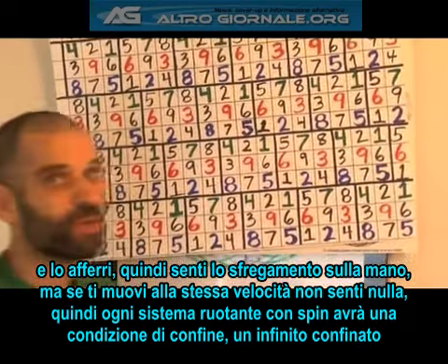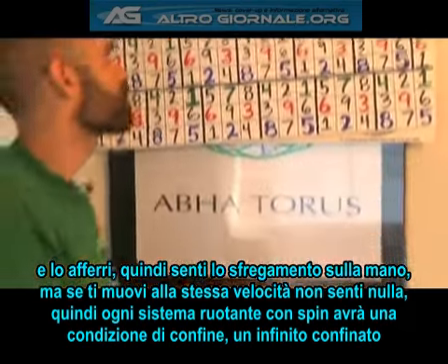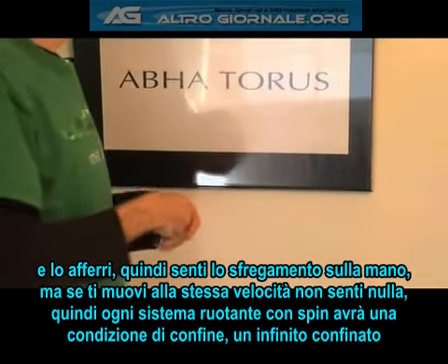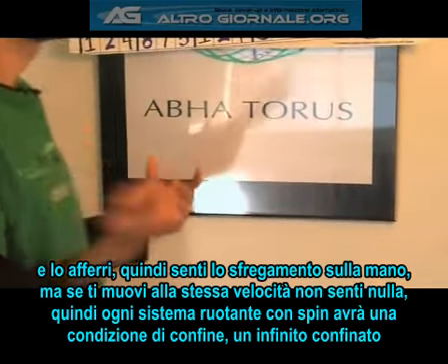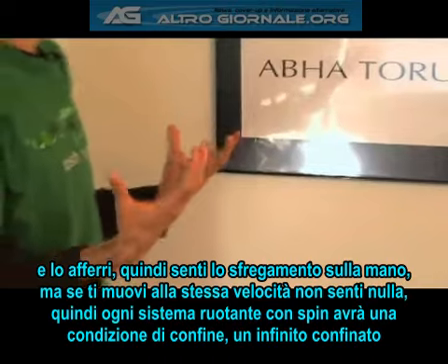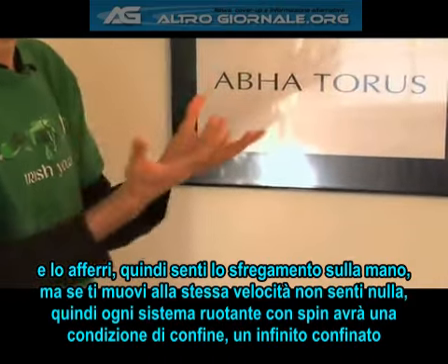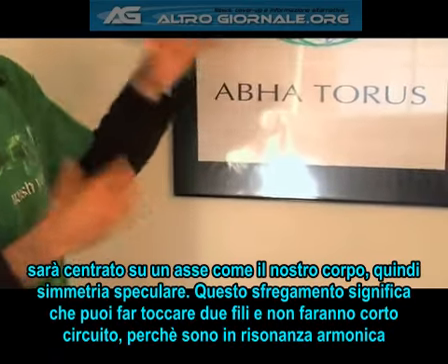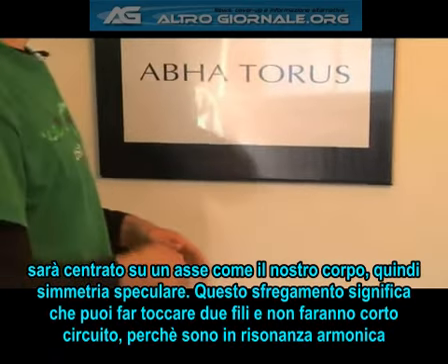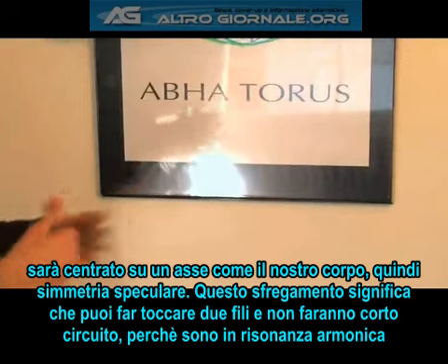If, on the other hand, you're moving at the same speed as that cylinder, you won't feel anything. Okay? A shear is any spinning system, any revolving system is going to have a boundary condition, a bounded infinity to it. It's going to be centered on an axis, just like our bodies. Okay? So it has mirror symmetry.